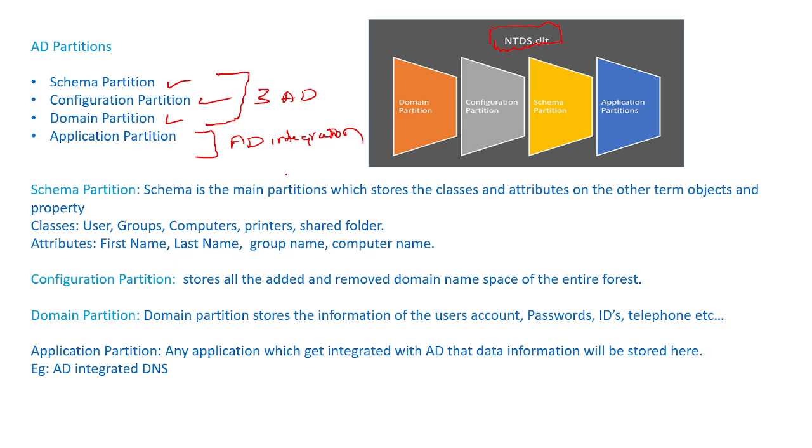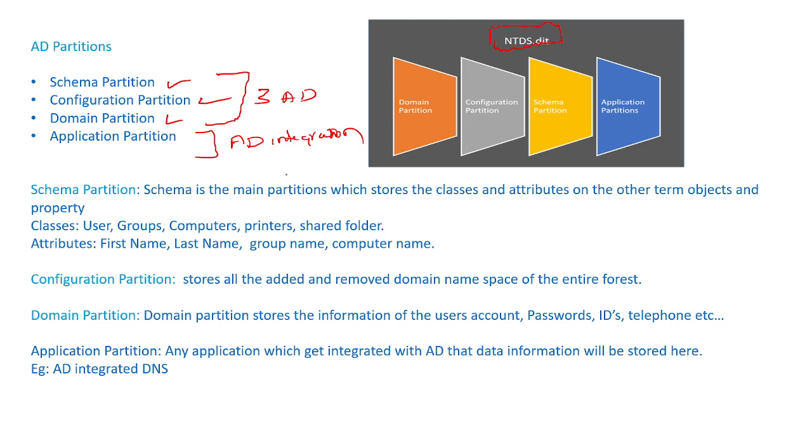That's why when you install Active Directory Domain Services, DNS will also be installed along with that, even though you're not selecting the role. Once Active Directory is installed and you promote the domain controller, if you check the tools, you will see DNS installed automatically. That means we are going to integrate DNS with Active Directory, so DNS will create a partition called the application partition, because the DNS application also runs along with the Active Directory application.